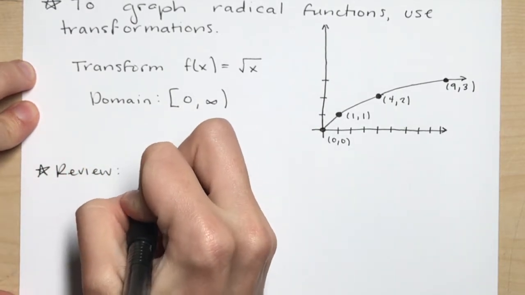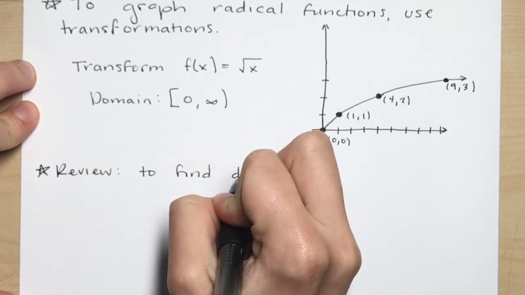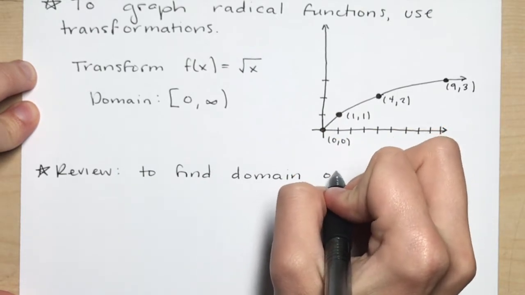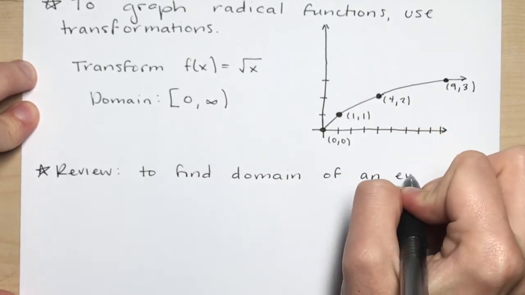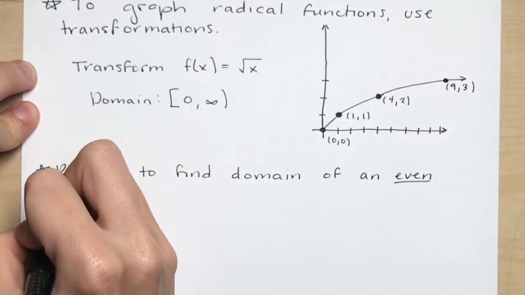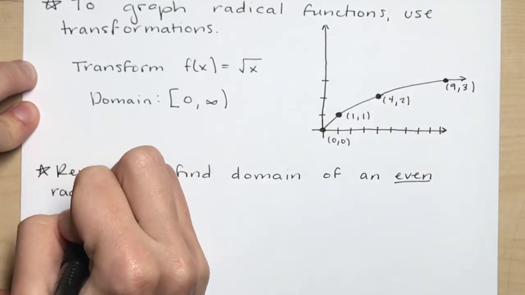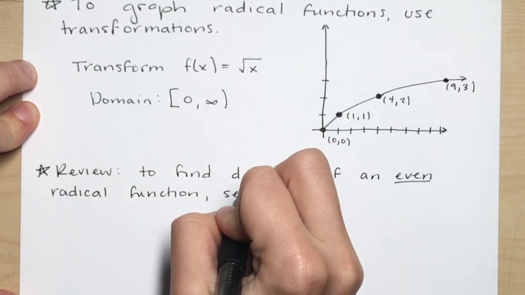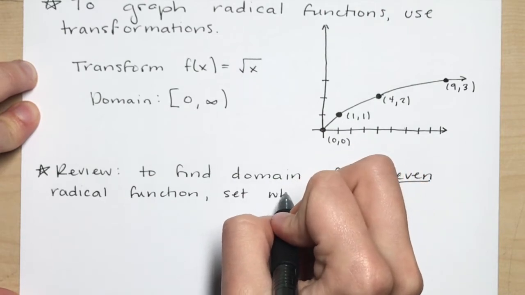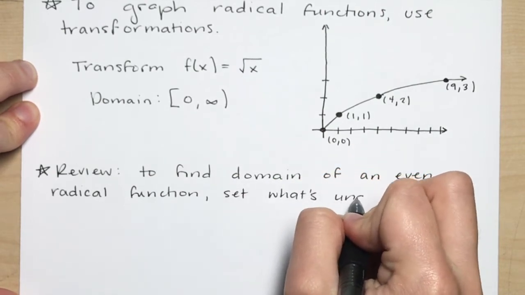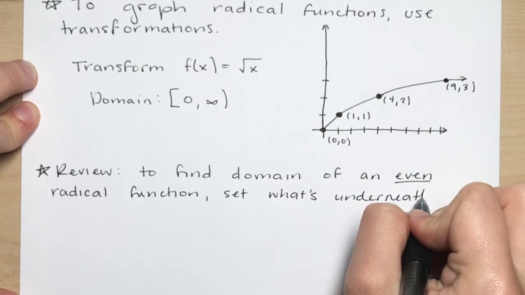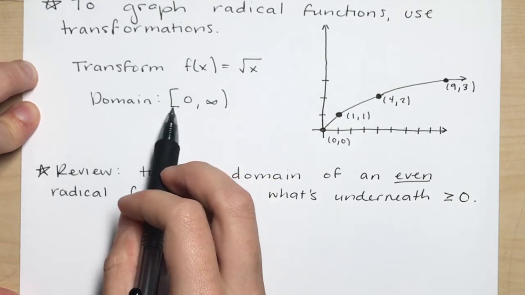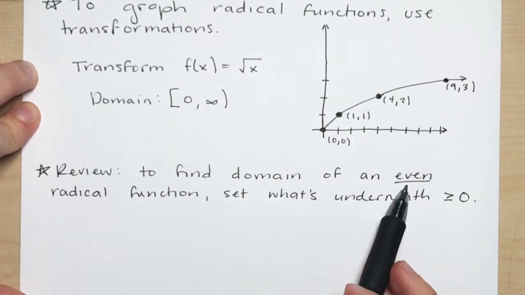To find the domain of an even radical function, set what's underneath greater than or equal to 0. We want it to be either equal to 0 or larger. Why does it matter that we're even?